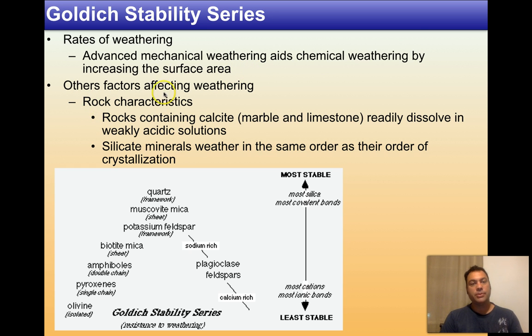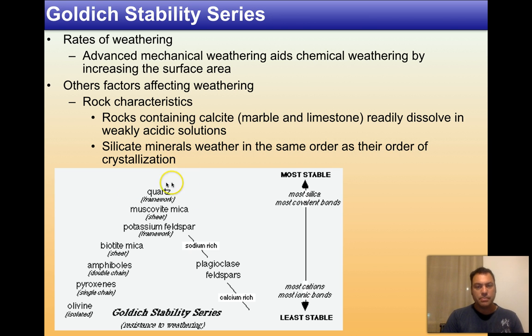So other factors affecting weathering are rock characteristics. So rocks containing calcite, such as marble and limestone, readily dissolve in weakly acidic solutions. And silicate minerals weather in the same order as their order of crystallization. Okay, so marble and limestone dissolve very easily, but this is different.